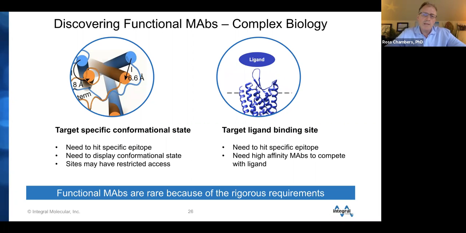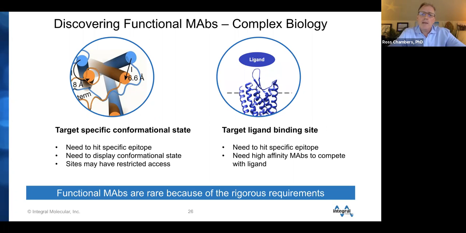So in the case on the left, there are targets where you need to lock a certain conformational state in order to get an agonist or an antagonist. They're difficult to find antibodies to because you need to hit a very specific epitope. And you also have to be able to display that conformational state to access. And often those sites have restricted access. Often they're in pockets and are difficult for antibodies to reach.